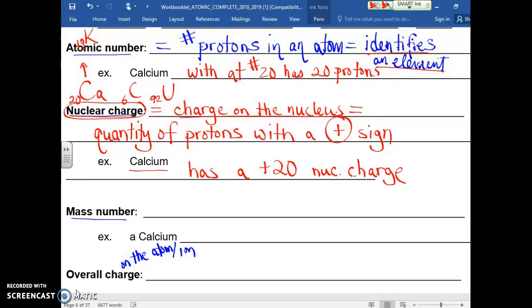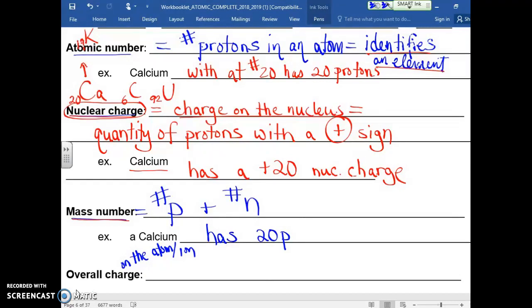Now, mass number and overall charge are both simple calculations. The mass number is a sum of the two subatomic particles that have significant mass. If I know the number of protons and the number of neutrons, I know the mass number. For example, let's say that a calcium has, well, it has to have 20 protons, being calcium.